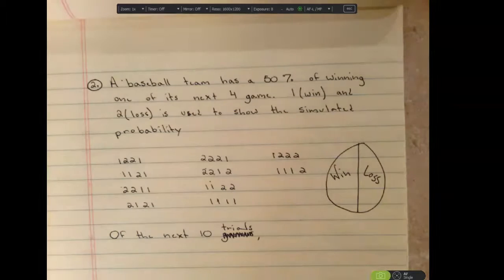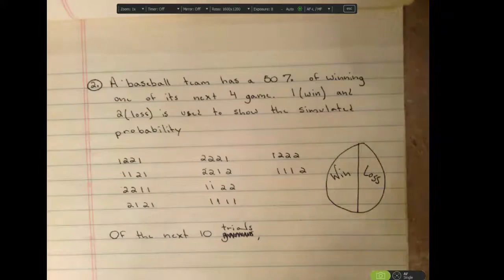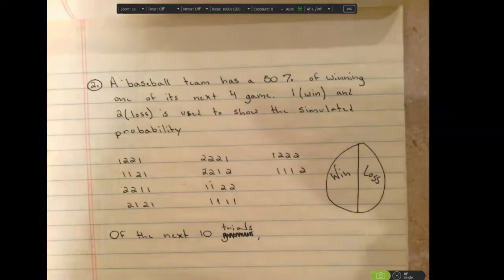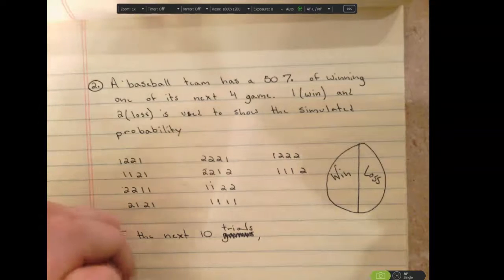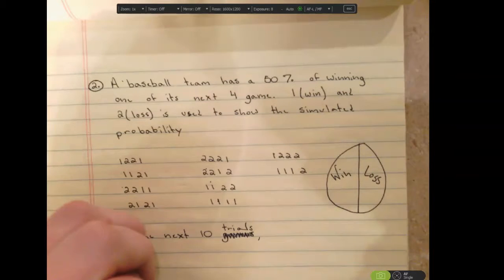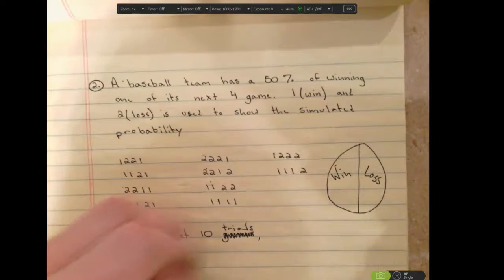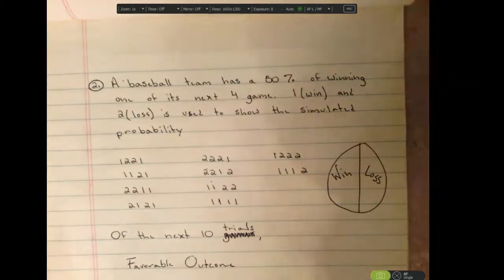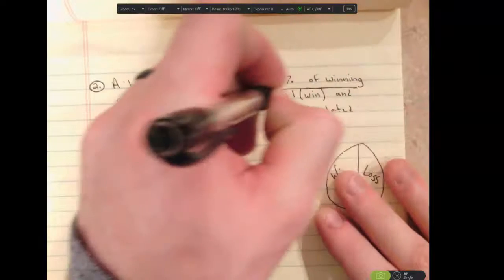And my question here is, of the next 10 trials, how many of them had a favorable outcome? And with that being said, a favorable outcome for this particular question. Remember, we wanted the baseball team to win 50%.